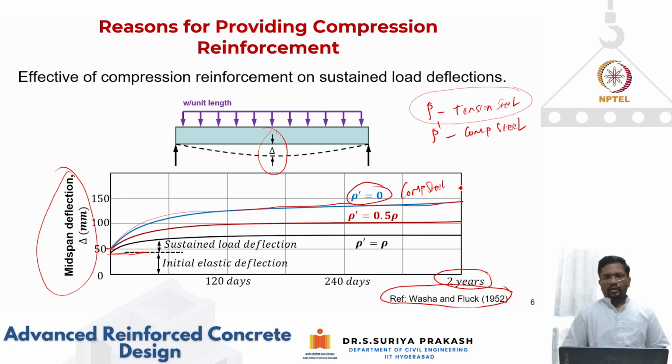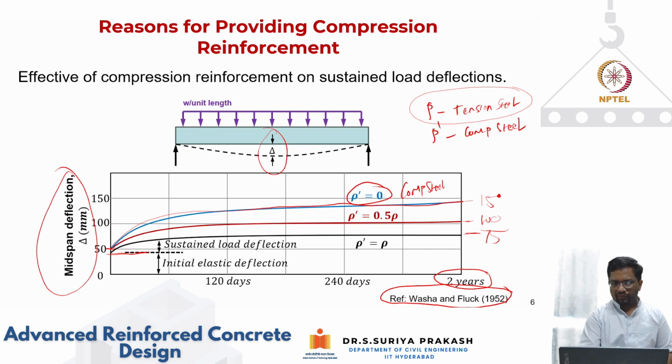But I can reduce this effect of creep by putting in compression steel. They saw that if I put 50% compression steel for the same beam, the sustained deflection reduced from 150 to roughly about 100. If I put in the same amount of compression steel again, the deflection becomes only about 75 or so. So 75, this is 100, and this is 150.